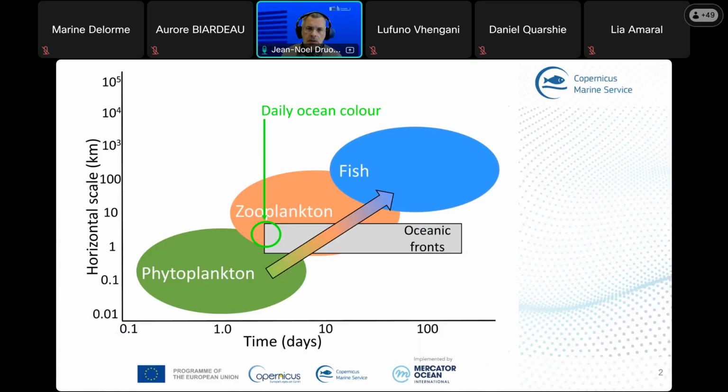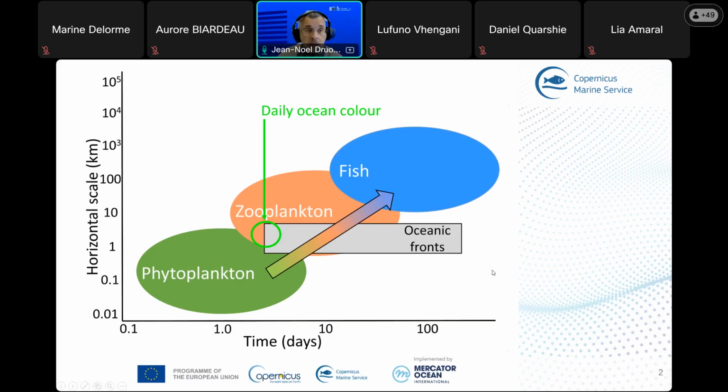Chlorophyll-a gradients and productivity fronts in general are very important for zooplankton and then for fish production because they stand long enough to sustain zooplankton production. You can see the time and spatial scales involved between phytoplankton, zooplankton, and fish, and oceanic fronts are key features for ensuring the transfer of energy from phytoplankton down to the fish.